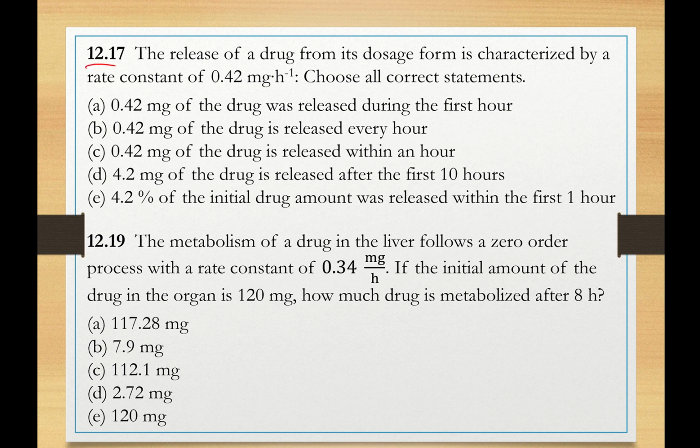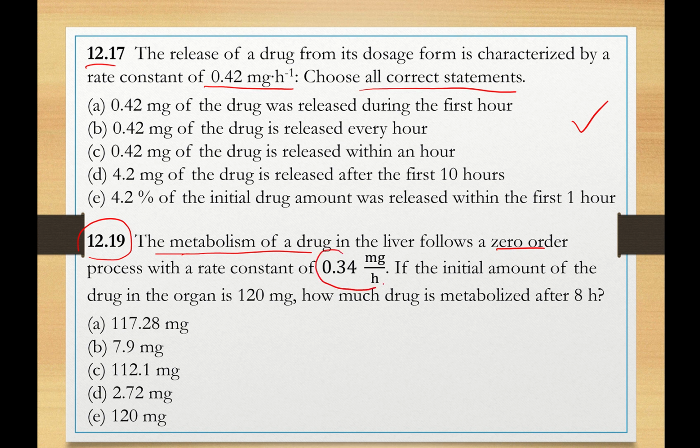In 12.17, you have to choose all the correct statements, and it has to do with your understanding of the meaning or the physical significance of the zero order rate constant. So this is very important here. And finally, 12.19 is telling you that the metabolism of a drug follows a zero order kinetics process.